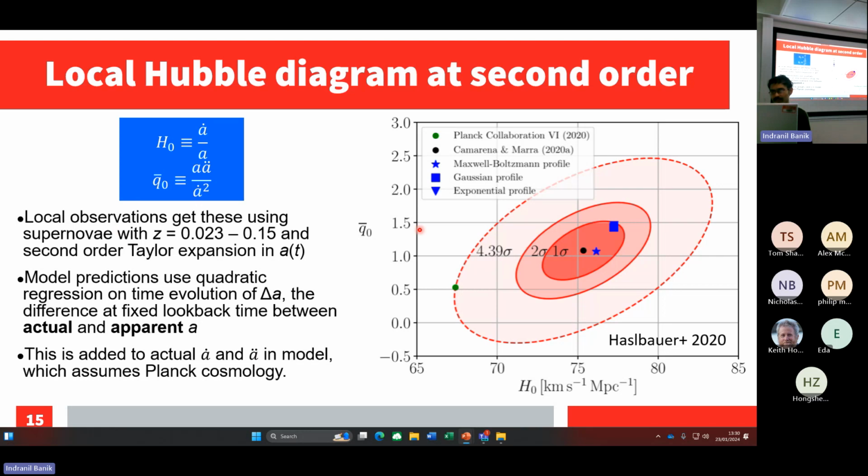So you can try and infer H0 and Q0 bar by looking at the data on supernovae, which gives this observation here, along with some uncertainties. There's some covariance between the two. The main thing is, in the model, we're able to match that pretty nicely for, we considered 3 different density profiles for the void, and all of them work. The triangle is kind of hidden here behind the square, so these both are consistent at the 1 sigma level.